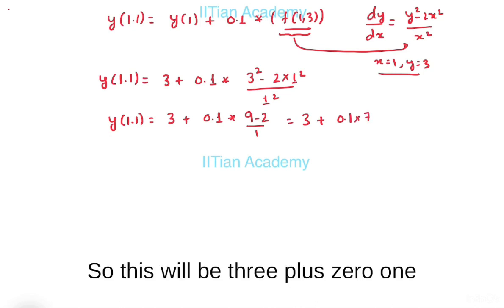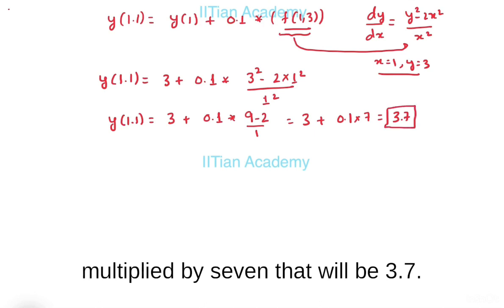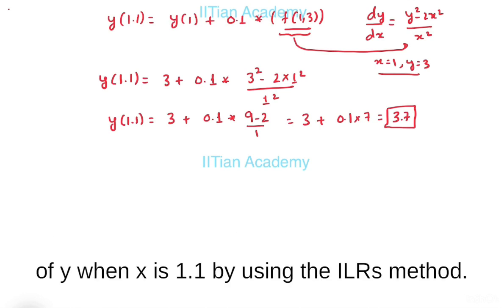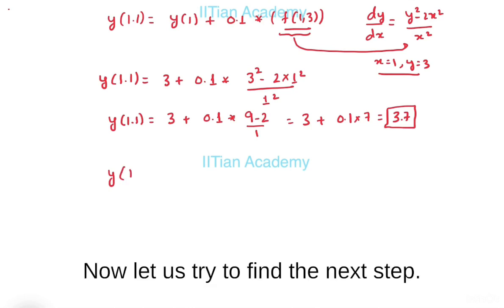So this will be 3 plus 0.1 multiplied by 7, that will be 3.7. So we have the value of y when x is 1.1 by using Euler's method.